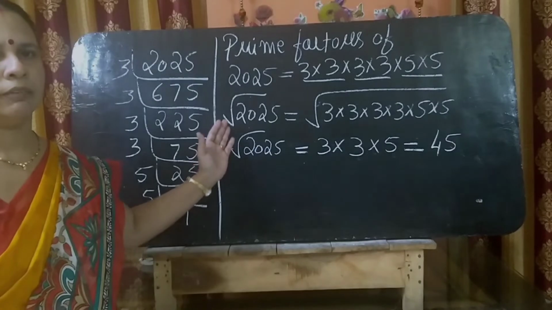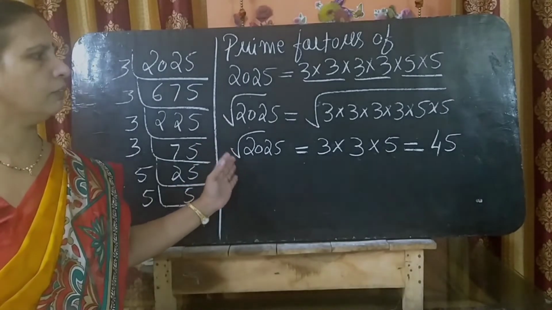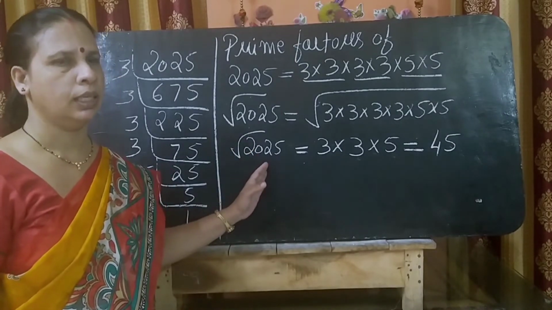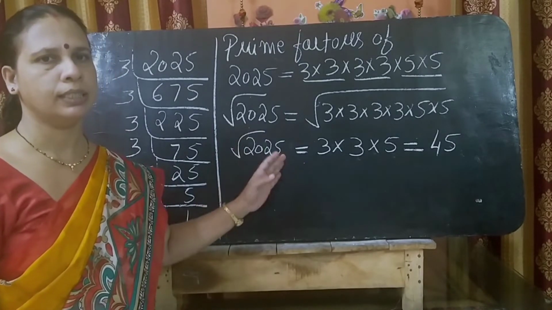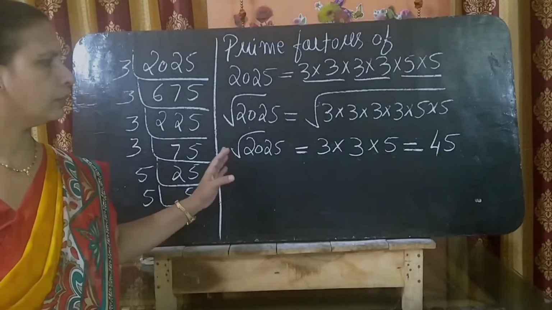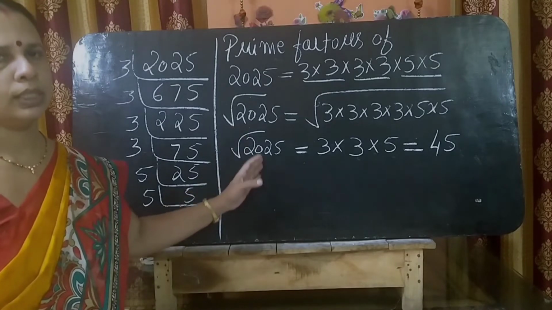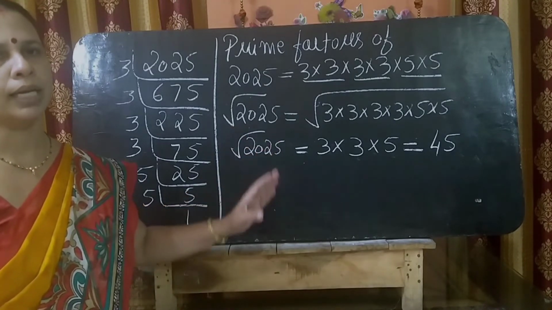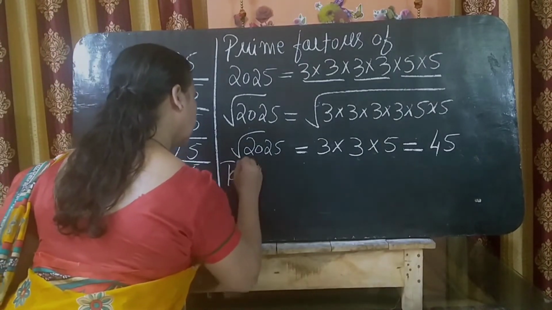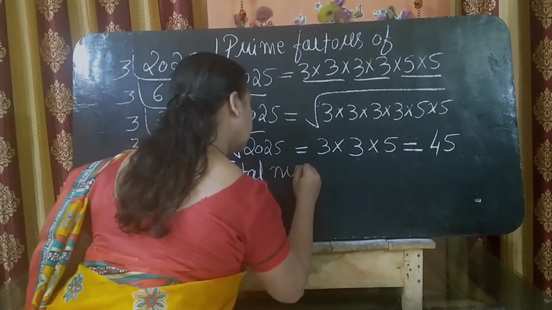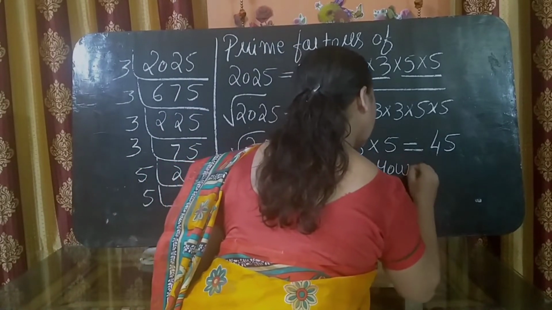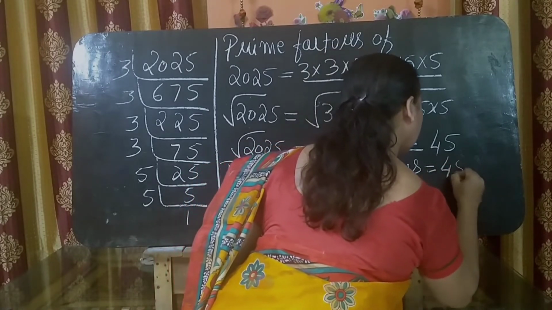According to our question, what we have to find out? We have to find out number of rows, that is total number of rows, and total number of plants in each row. According to question, we understood total number of rows is equal to number of plants in each row. So here total number of rows is equal to 45.